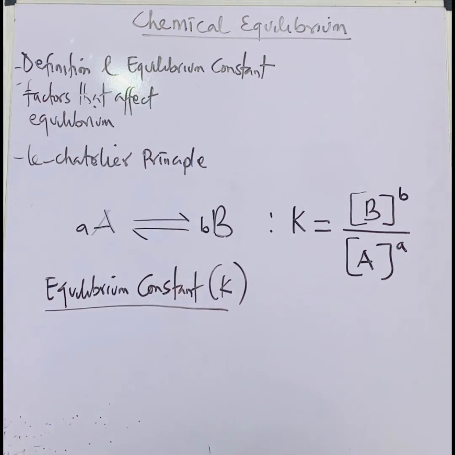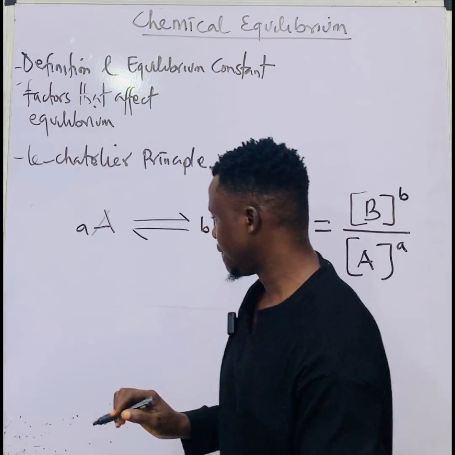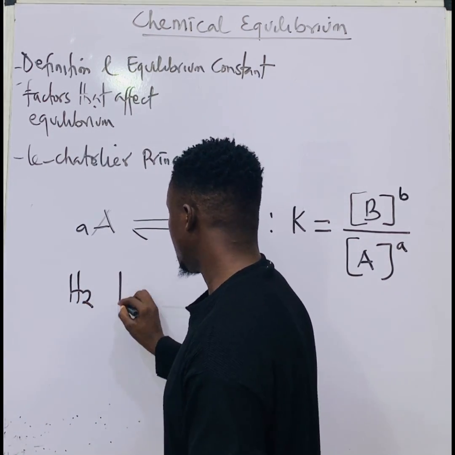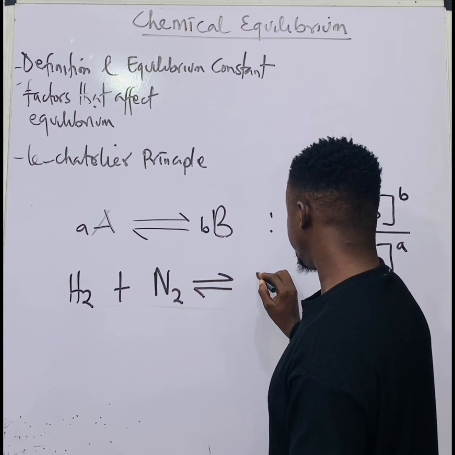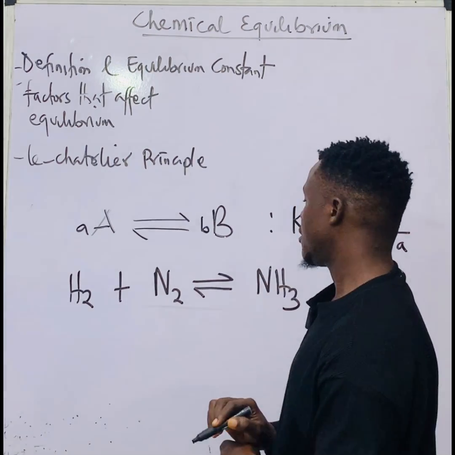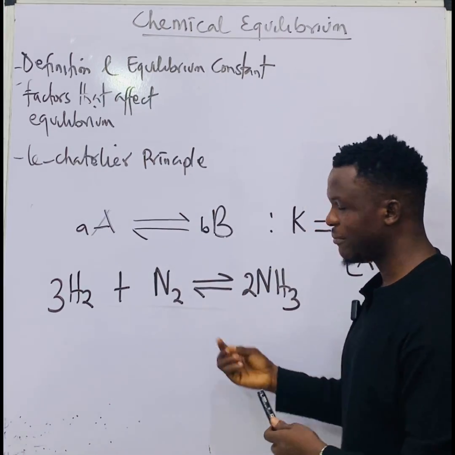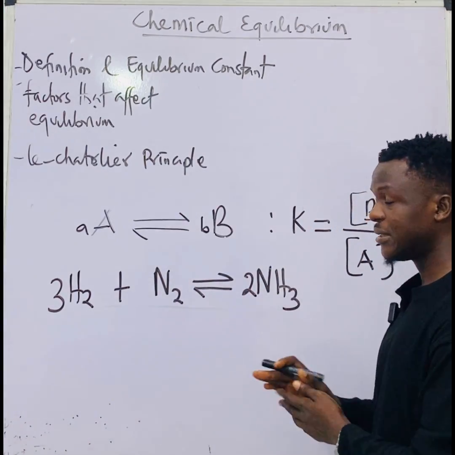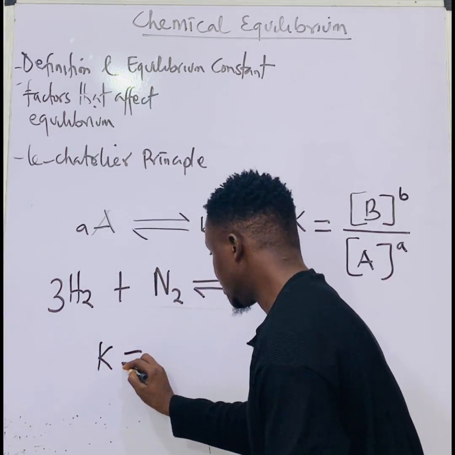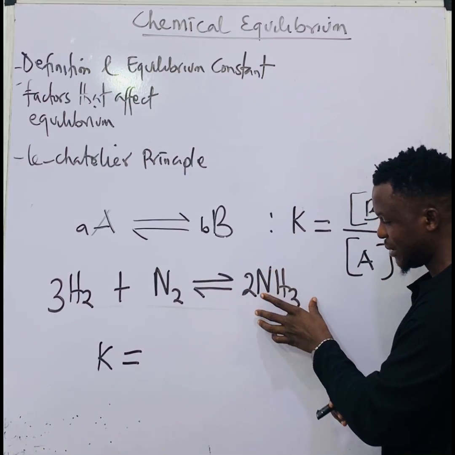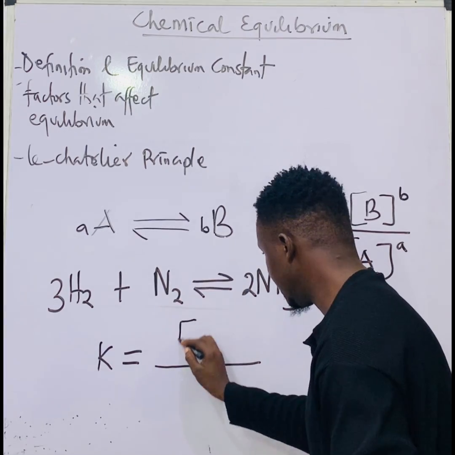What if they gave us something like this: H2 plus N2 giving us NH3, with a 2 here. Imagine you were given this and asked to write the equilibrium constant expression. K is equal to, now the product of this reaction is ammonia, so I put a line, and the product is ammonia.